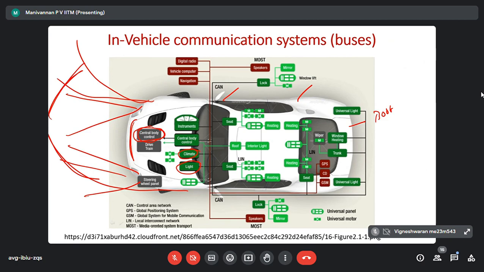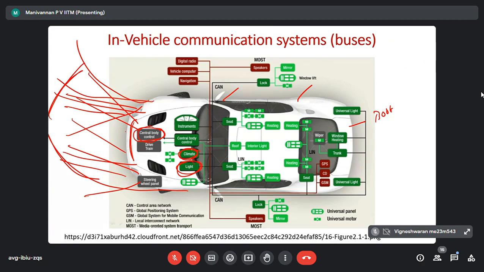As you turn your steering, your beam also steers along with you. That means your steering sensor signal is also used by the smart headlamp controller, which will steer the angle of the beam so that it always shows the maximum light for the driver to see. So like that, light control.